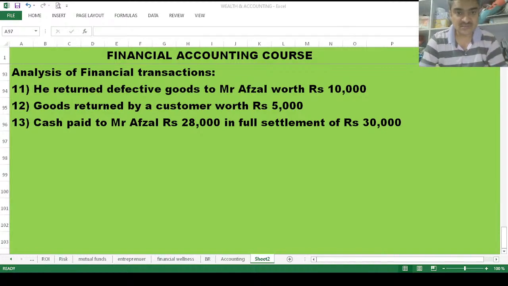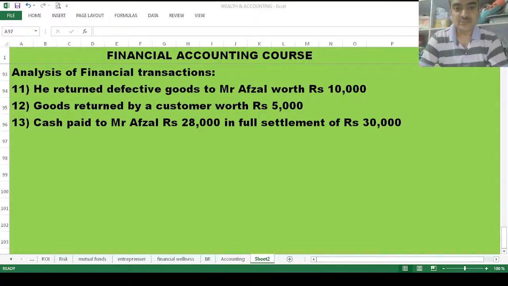Now this is an interesting transaction. The amount which is payable to Mr. Afzal, a creditor, was rupees 30,000.